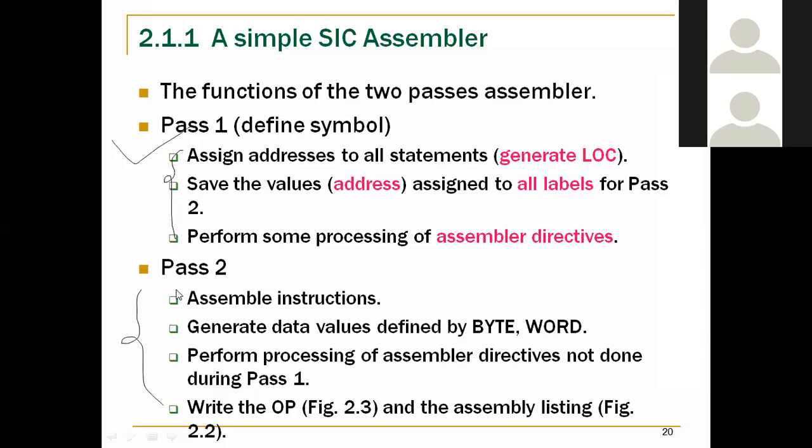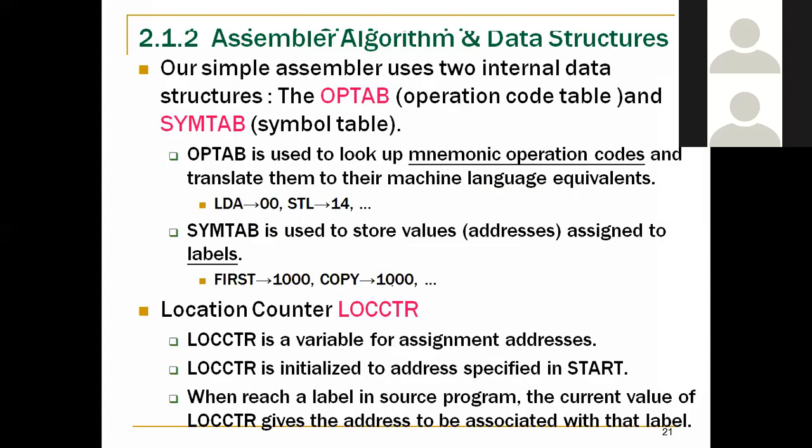So in order to perform these tasks, our assembler is going to use certain data structures. We had seen that it uses three different data structures. One of them is the OPTAB, or the operation table. The second one is the SYMTAB, or the symbol table.